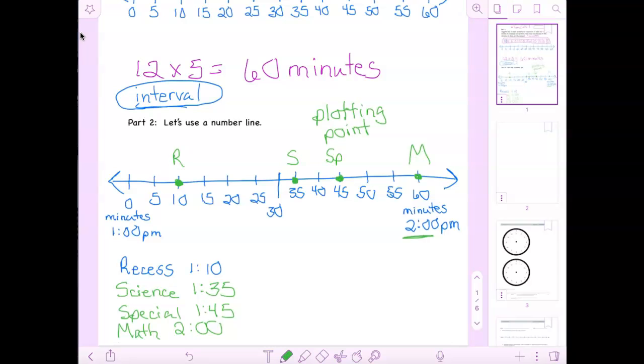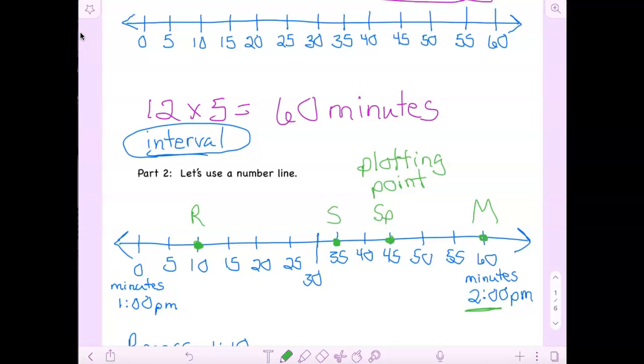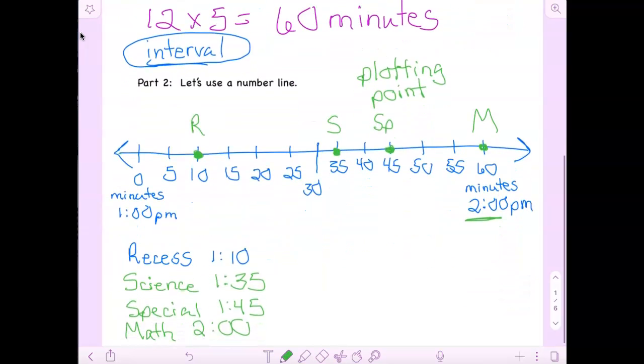So think about, how does this number line compare to a clock that we might see on our wall?